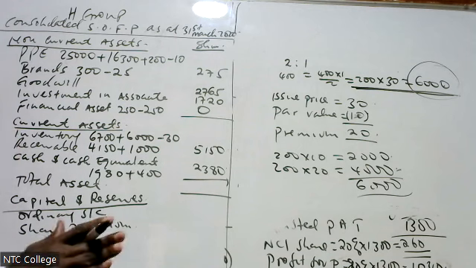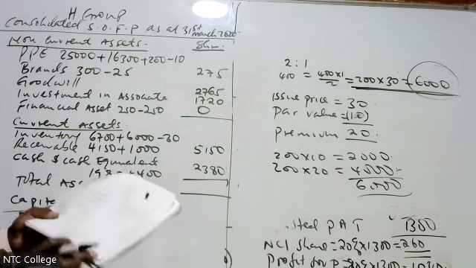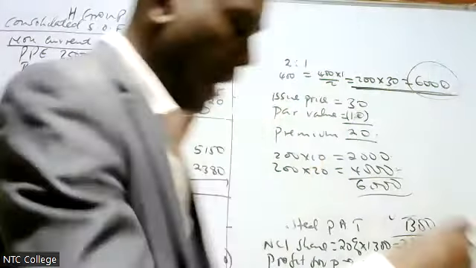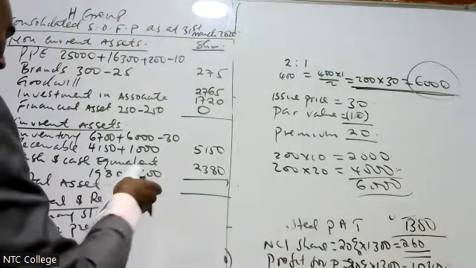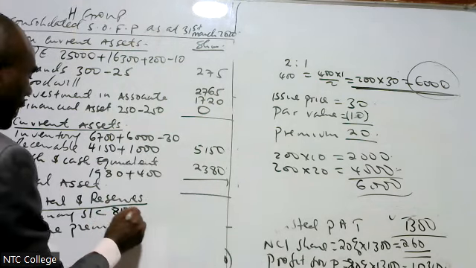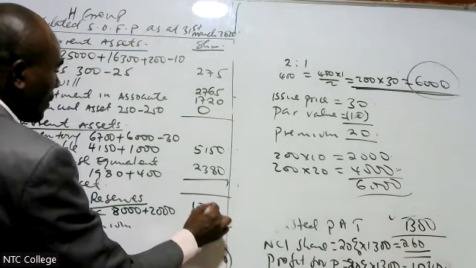Therefore, we have the par value and the premium. Then when I come here, for the parent, I'm taking 8 million for the parent plus 2 million, I get 10,000.